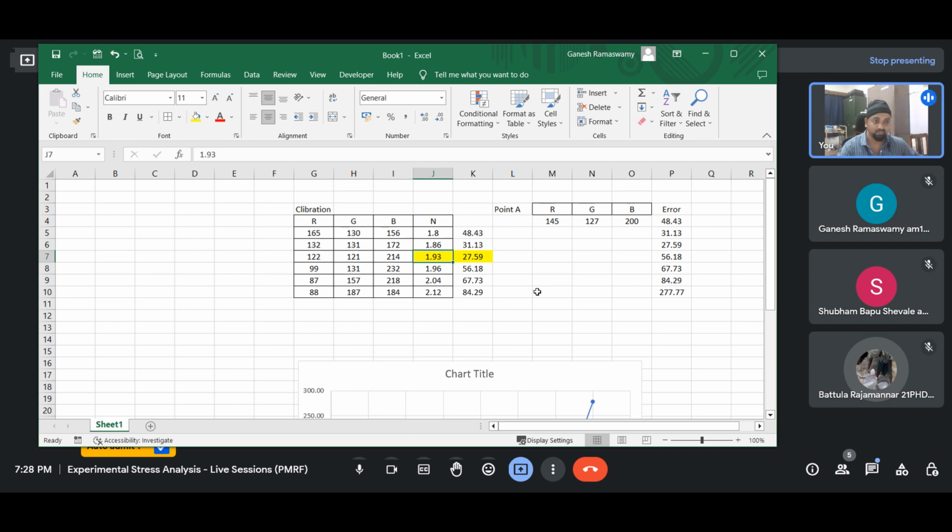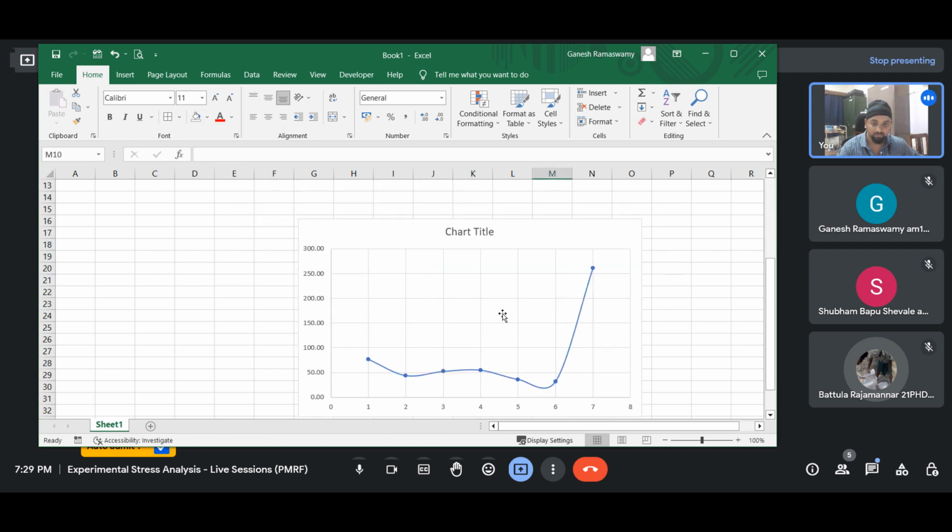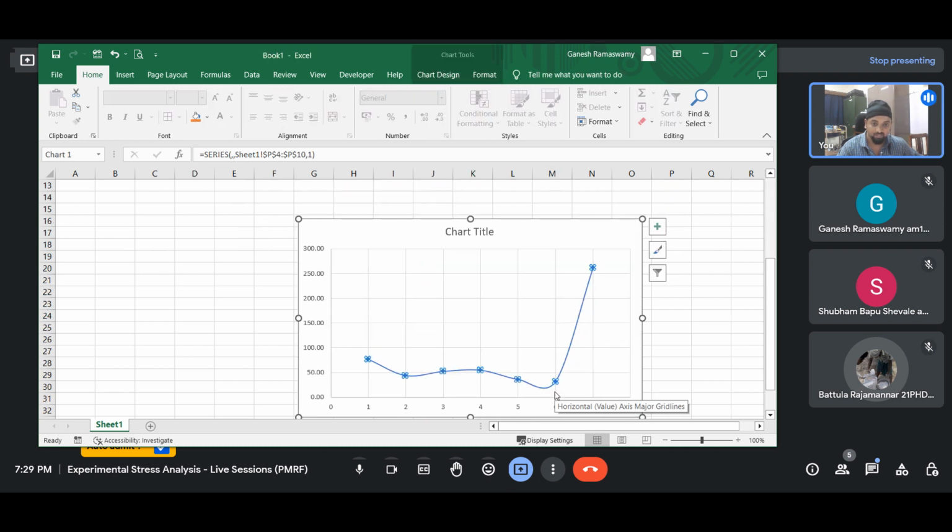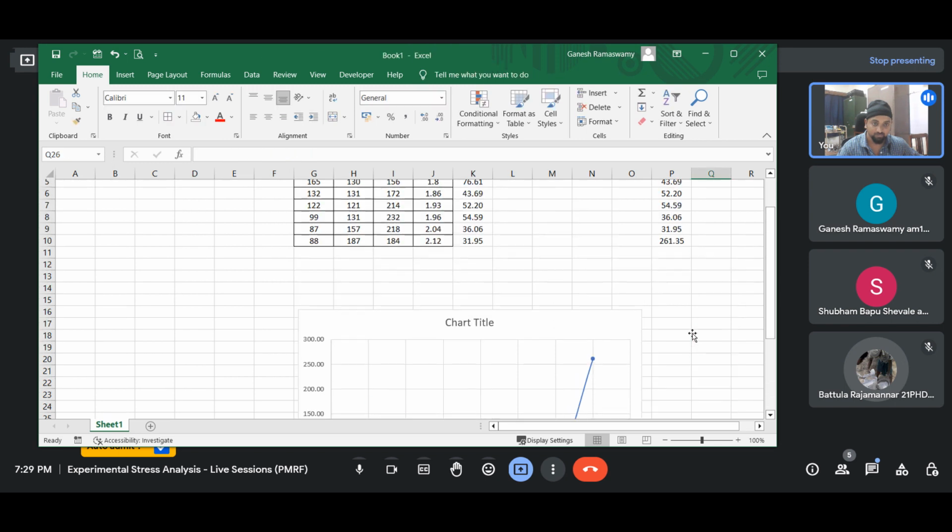Okay, similarly, if I were to do the same thing for point B, it is 99, 157 and 184. This won't be the least. If I see my graph again, the least error comes at the penultimate point, which is nothing but 31, right?